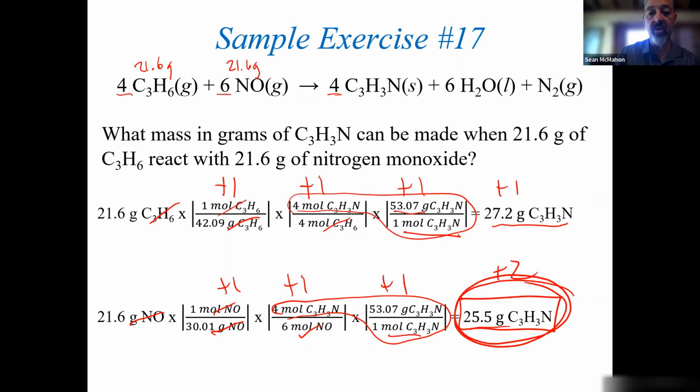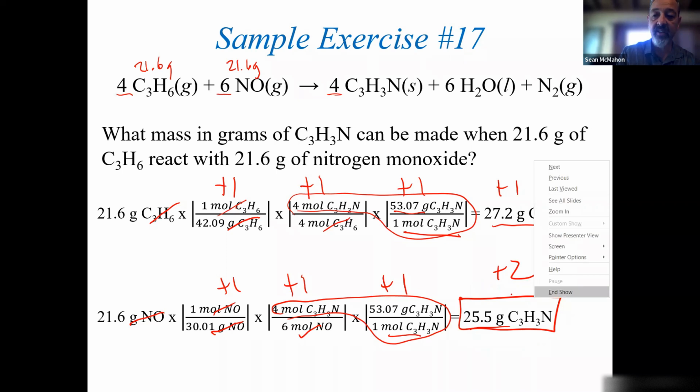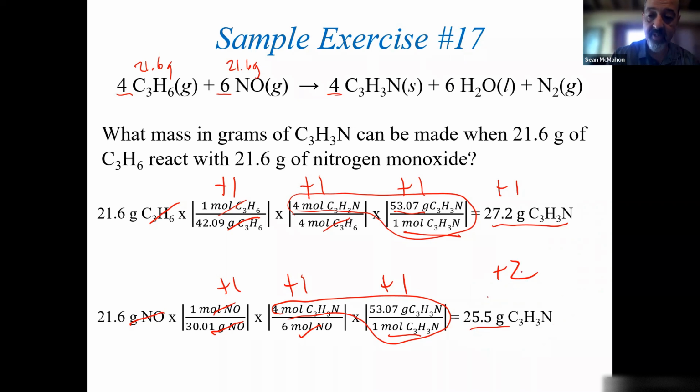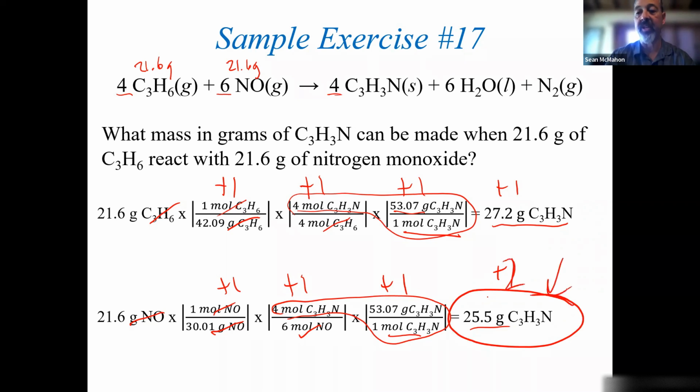If you don't circle it, because you're not identifying this as the final answer, I can't give you the full 2 points. I can basically give you a point because you came up with the right number, but you're not letting me know that that's your final answer, because that's how many grams.